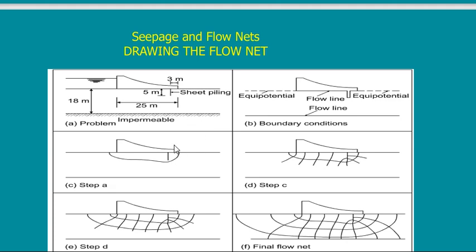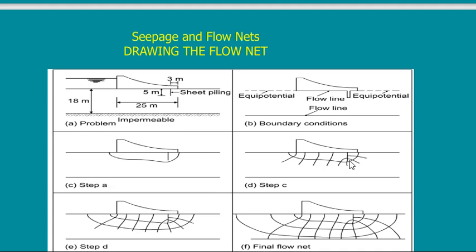No, there may be something like this. How can I draw the equipotential line? In this case, this is one equipotential, second, third, and this one comes from the shear key, or from this line.